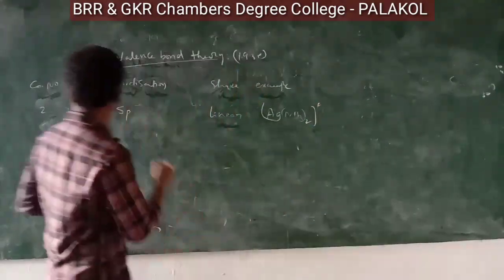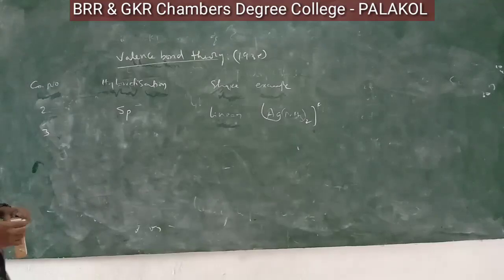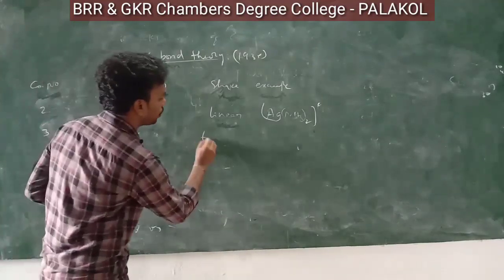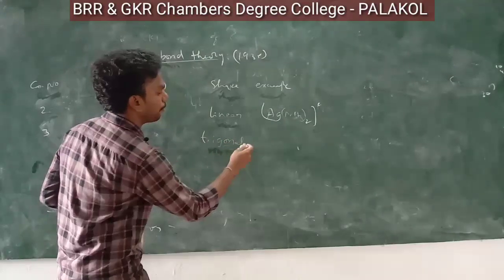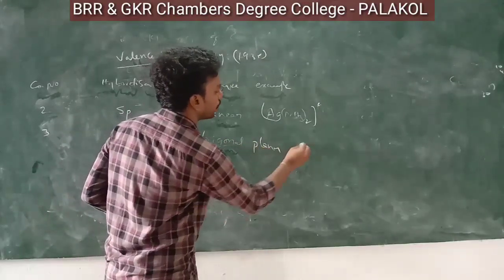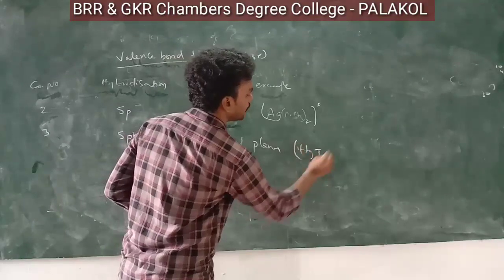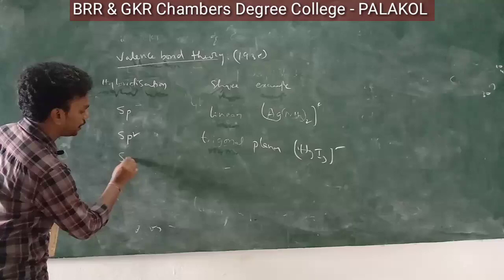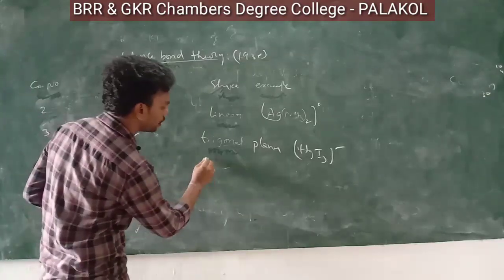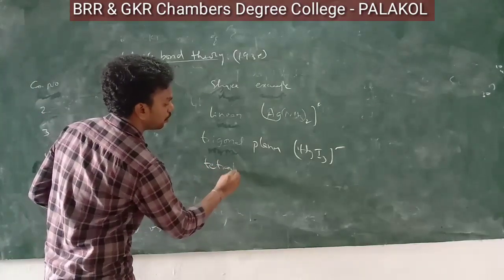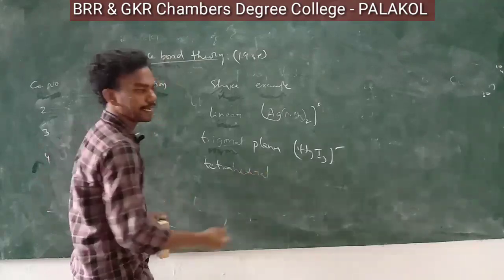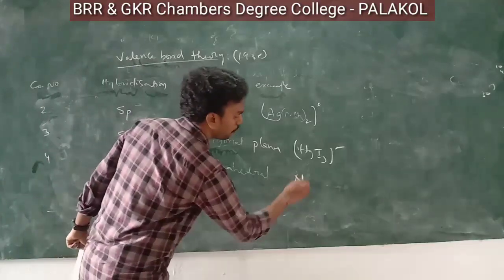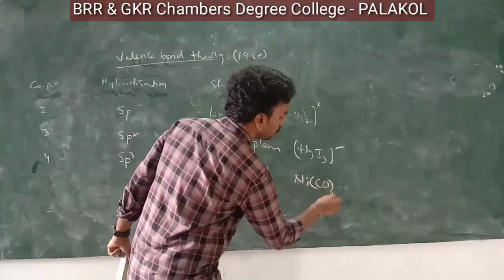Example, Ag(NH3)2. Second, coordination number 3 is sp2 hybridization, trigonal planar, example HgI3 minus. Next, coordination number 4 is sp3 hybridization, tetrahedral, example Ni(CO)4.